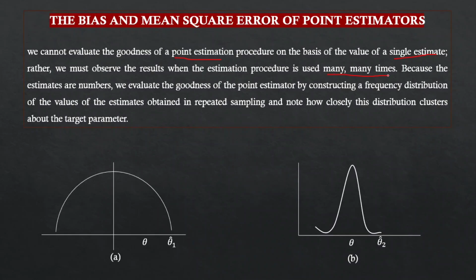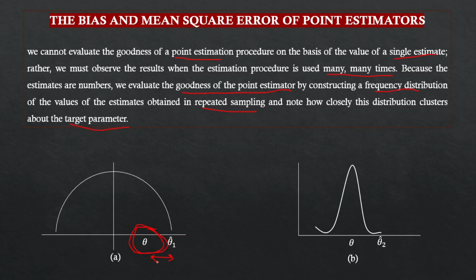Because the estimates are numbers, we evaluate the goodness of a point estimator by constructing a frequency distribution of the values of estimates obtained in repeated sampling, and note how closely this distribution clusters about the target parameter. We can say that the estimates of the target parameter should be clustered closely around the target parameter, and the distance between the estimates and the target parameter should be as minimum as possible.